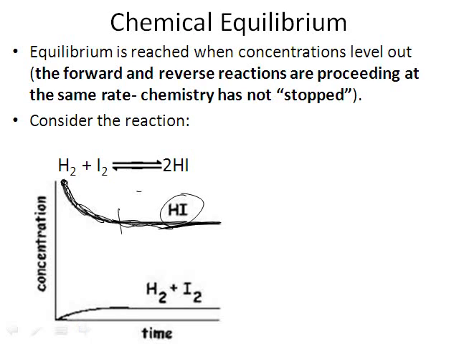Once it starts to level out, that's where we've gotten equilibrium. If we trace it down here, roughly at the same spot, my H2 and I2 concentrations begin to level out as well, so I've reached equilibrium. It's where the reaction has appeared to have finished, but the chemistry is still happening.